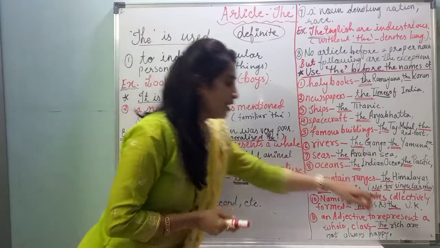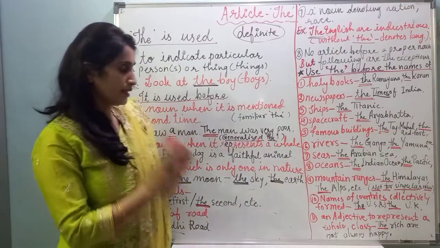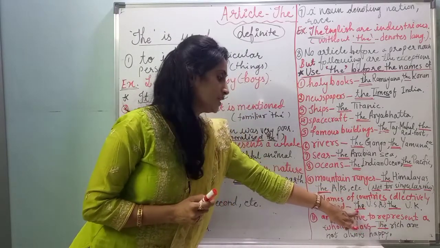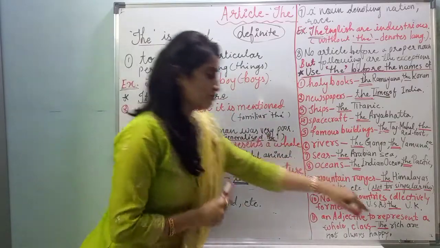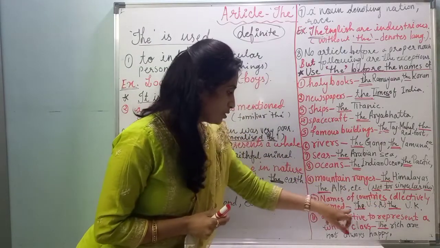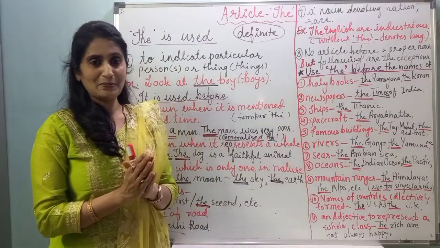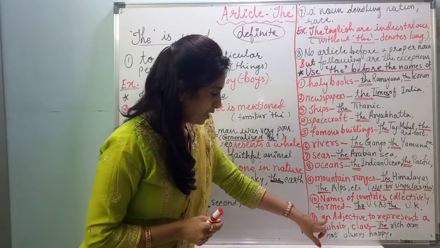In the same way, UK, United Kingdom. Fine then. So, before USA, you should make use of the article the. In the same way, before UK, you should make use of the article the. So, the USA, the UK, like this. Fine? Okay.